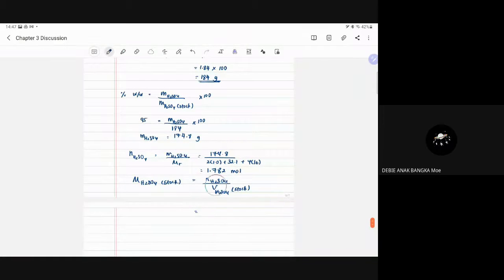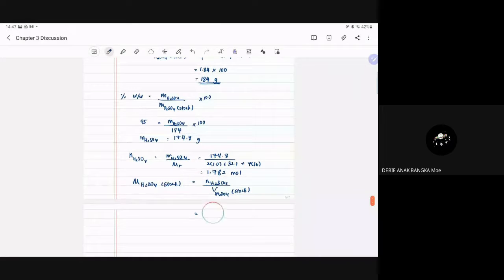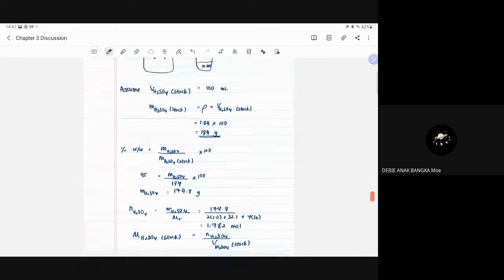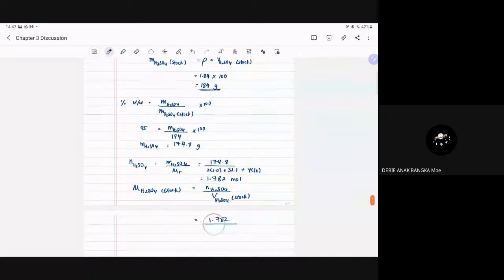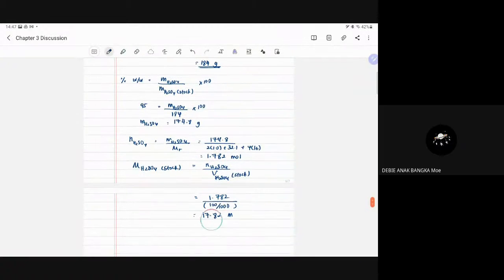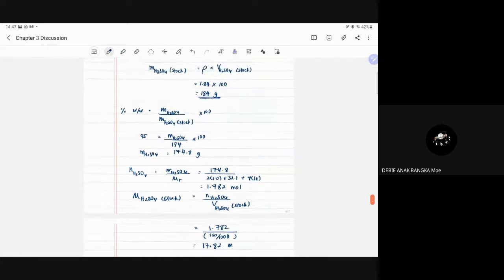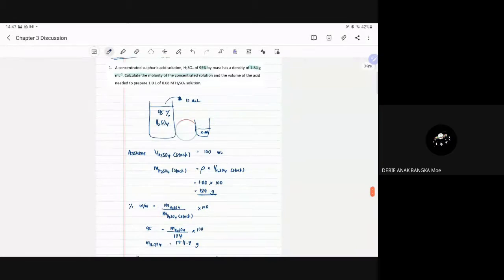So kita akan dapat number of mole dia bersamaan dengan 1.782 bagi dengan volume 100 ml iaitu 100 bagi 1000 lah, iaitu 0.1. So kita akan dapat 17.82 molar. Ini adalah kepekatan molarity H2SO4 stock solution.